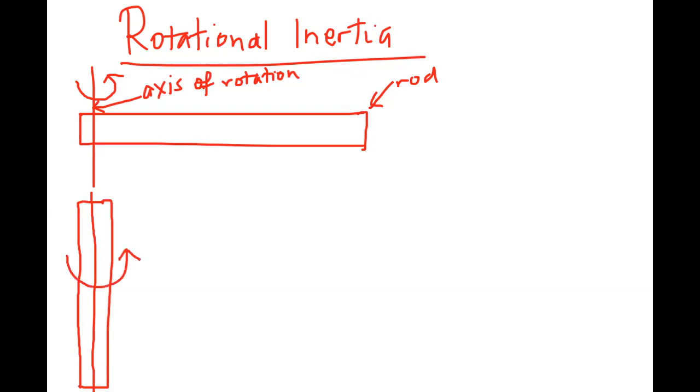Now, as you can see, the rods here are spun through different axes of rotation, one at the end of the rod, one through the body of the rod, so we are going to have different experiences in terms of spinning the two.